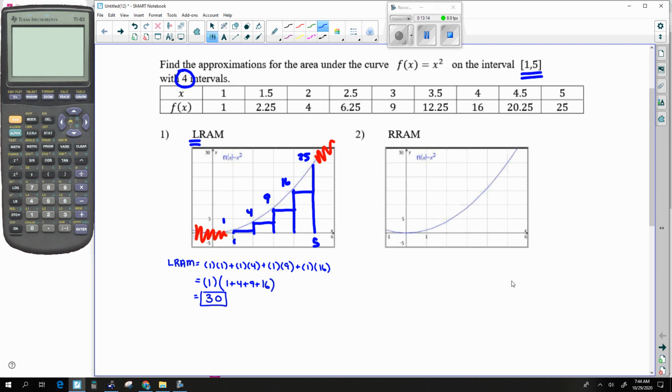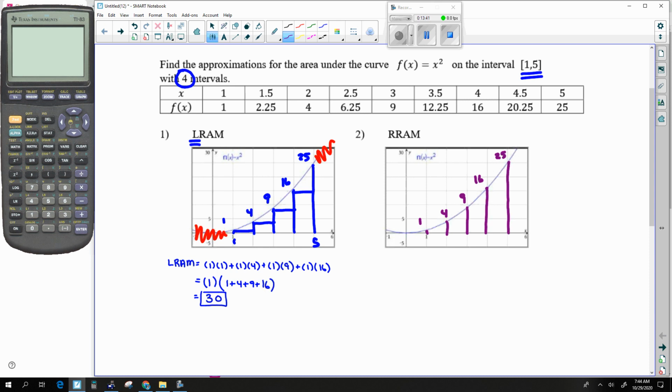So number 2 is the same type of question, but this is going to be an RRAM. So let's again take a look at our various levels here. Again, we have heights of 1, 4, 9, 16, and 25, from 1 to 5.